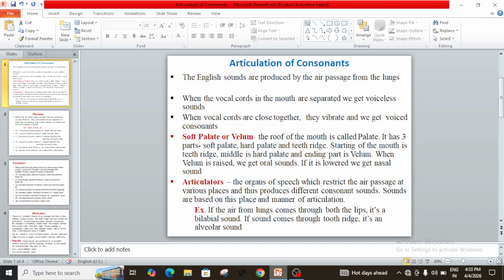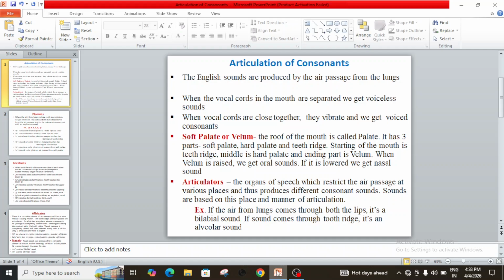So the articulators are the organs of speech which restrict the air passage at various places, and in this way we get different consonant sounds. Sounds are based on the place and manner of articulation.